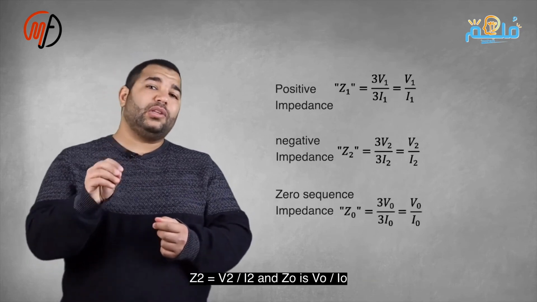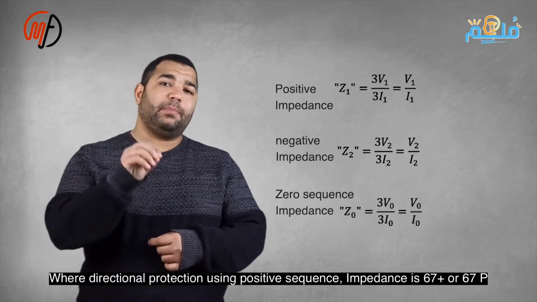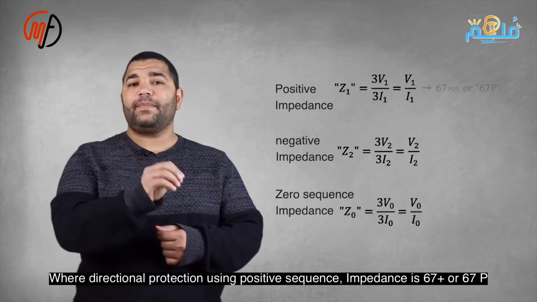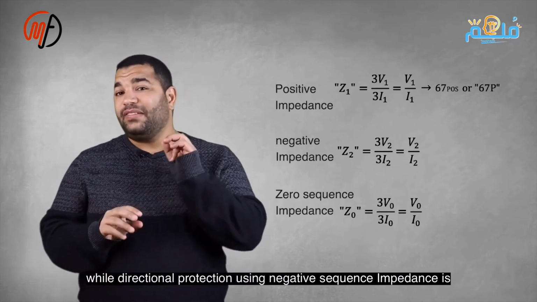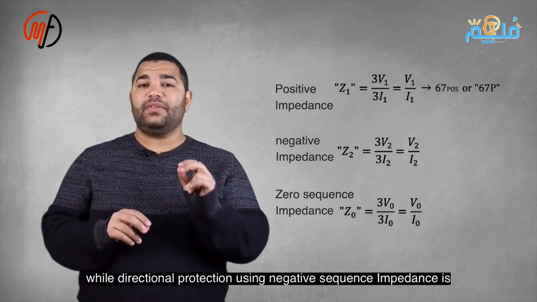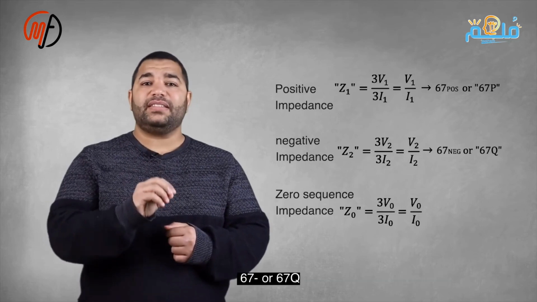In directional protection, using positive sequence impedance is denoted by the symbol 67P or 67B. Negative sequence impedance is 67N or 67Q. Zero sequence impedance is 67 zero or 67G.